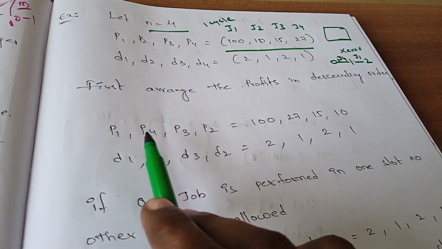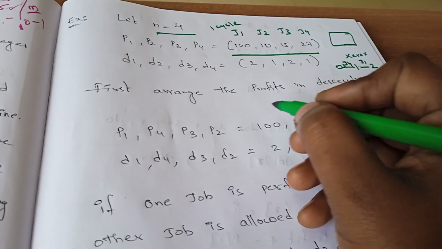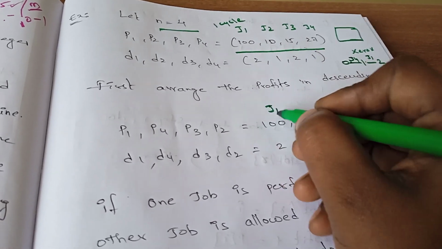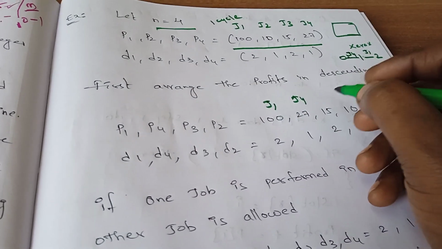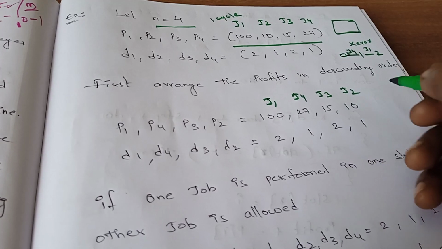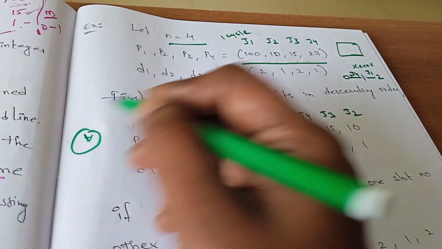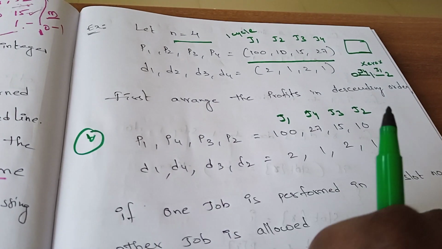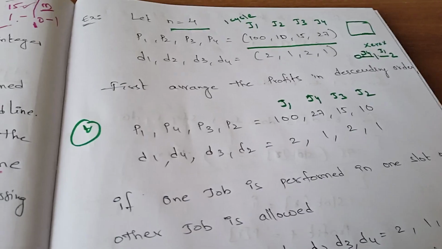So I wrote P4 over here. So I have arranged these elements in this manner. 100 is the profit of J1, 27 is the profit of J4, 15 is the profit of J3, 10 rupees is the profit of J2. So the very first step is we have to arrange the profits in descending order to pick easily.